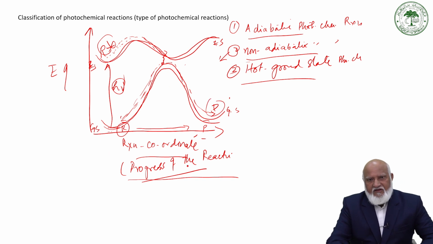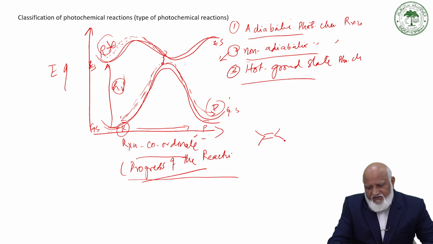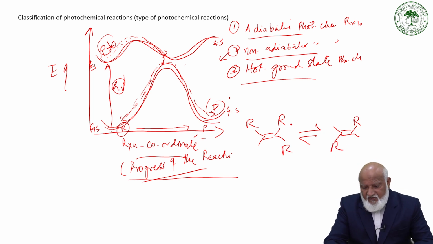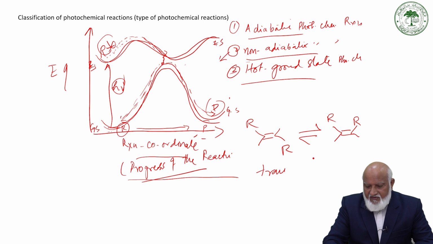This is the best example of a cis-trans isomerization of an alkene. For example, R in cis form, and then R in trans form, and here it is not possible to go from trans to cis by the thermal route.